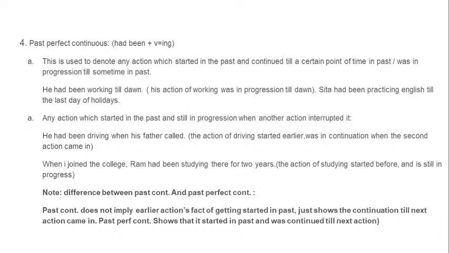And what is that another event? Of joining the college, of this other person's joining college. That is there. This other person's joining the college is the second action, and till this time also, this action was in progression and in continuation stage.